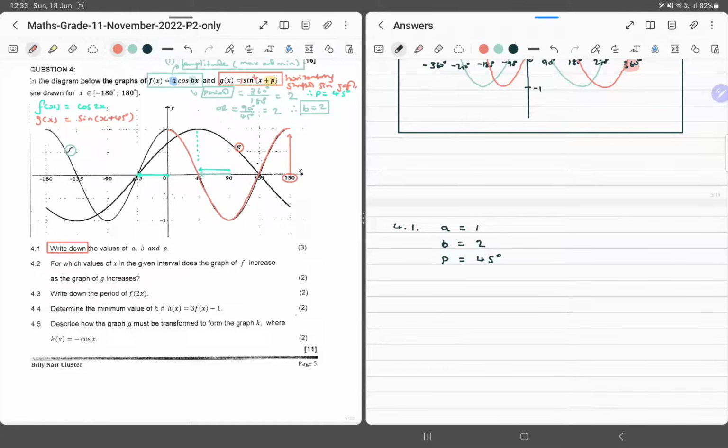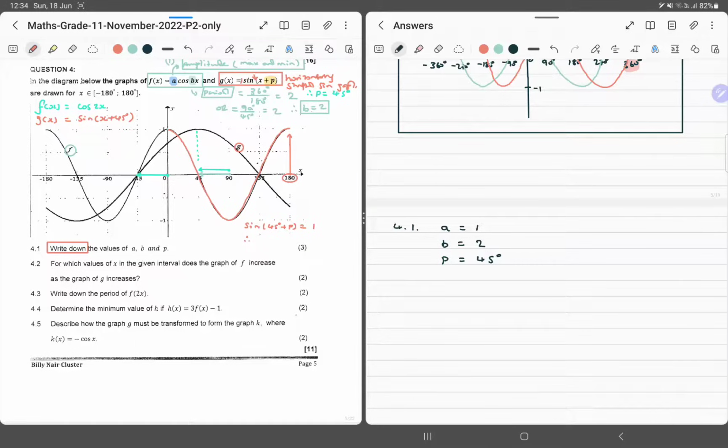For example, if you take sine of 45, you would see that sine of 45 is 1. Let's say sine of 45 degrees is 1. How would we deal with that? This is going to say when x is 45, we will have sine of 45 degrees plus p equals 1.